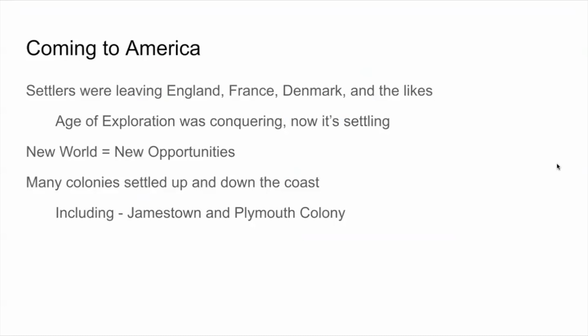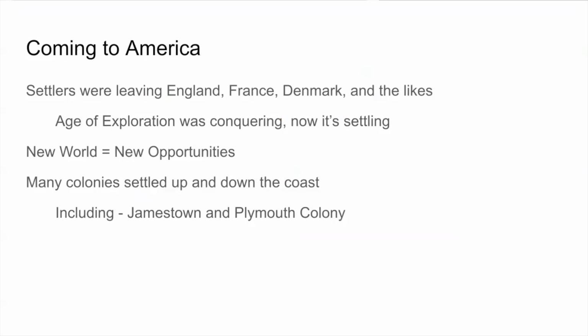And the reason why we have the map looking like it is thanks to the Renaissance influencing the age of exploration, because now people want to see the world, people want to experience it.